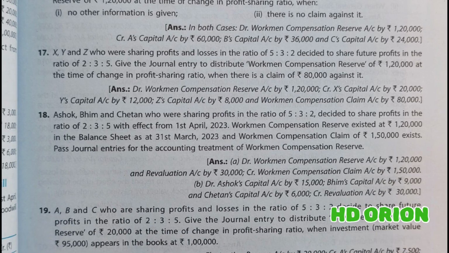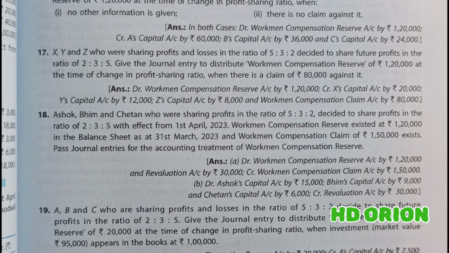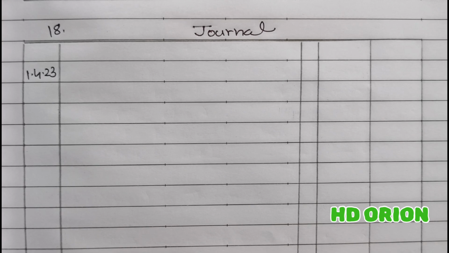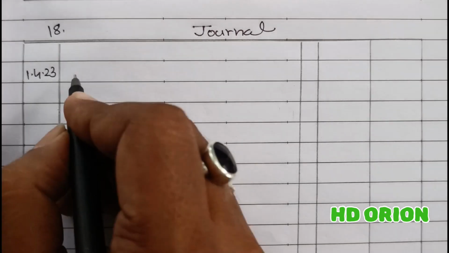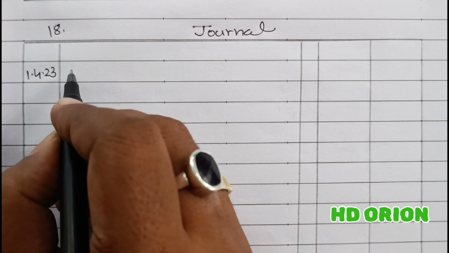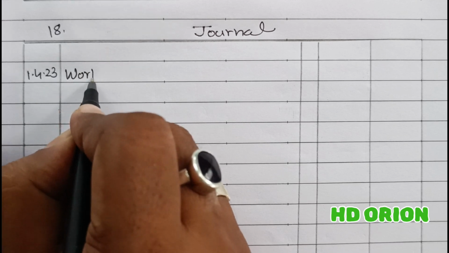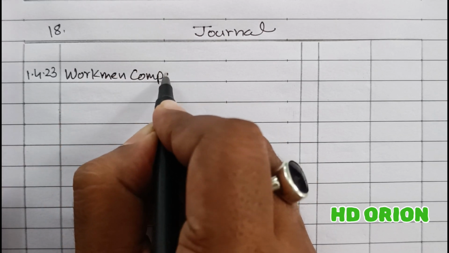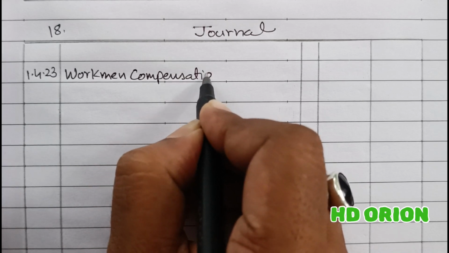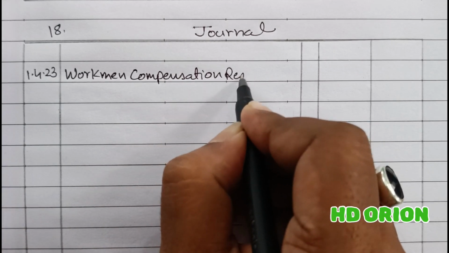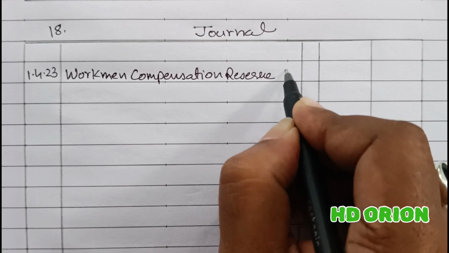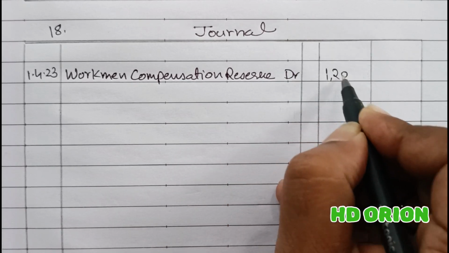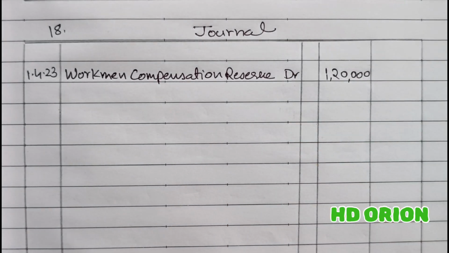Fine. So how is the journal entry to be passed? Let us see. Workman compensation reserve, being a credit balance, will be debited and closed on 1st April 2023. It is debited, and the amount of the reserve is rupees 1,20,000.